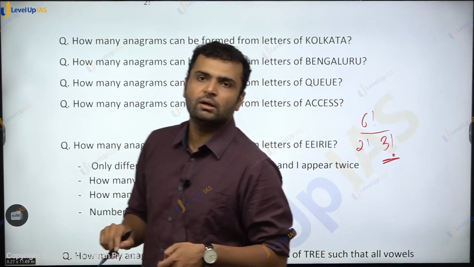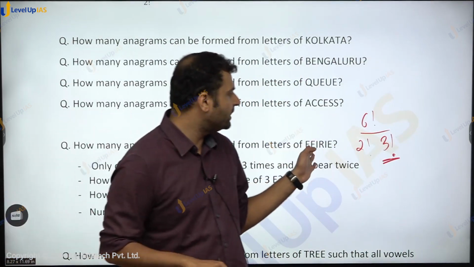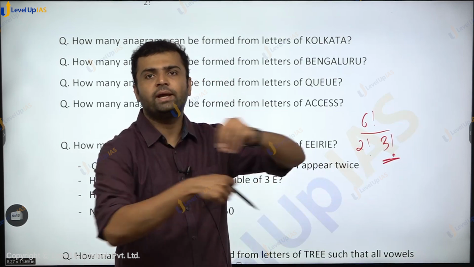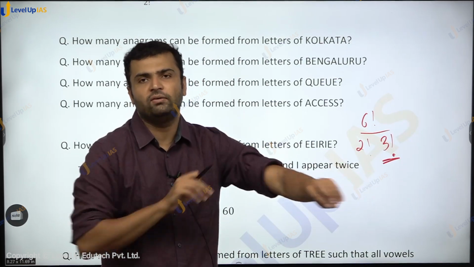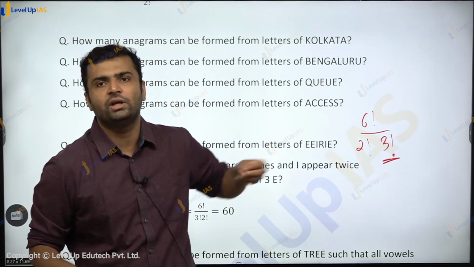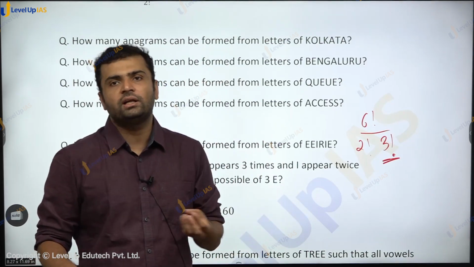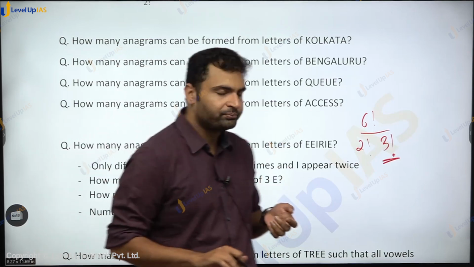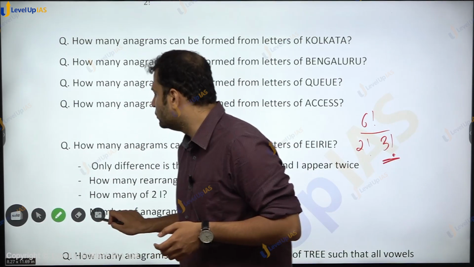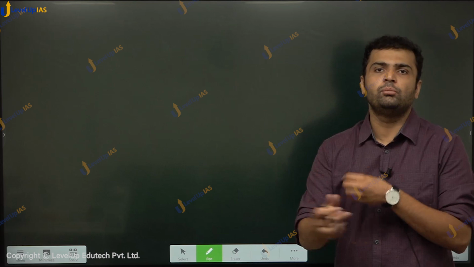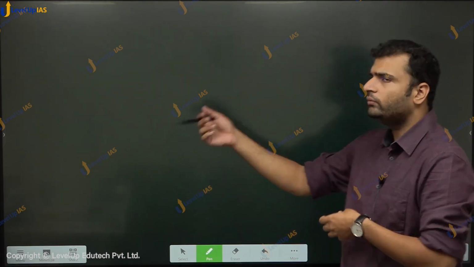Why is this factorial coming? Because if I put E1, E2, E3 there, I can rearrange them in 3 factorial ways, not 3 ways, 3 factorial ways. E1, E2, E3 तीन चीजें अगर same आ रही है, तो every rearrangement of them is actually same. जैसे मुंबई के केस में 2 ही चीजें थी, M1 and M2 थे, तो M1, M2 को replace करके we have just 2 arrangements.